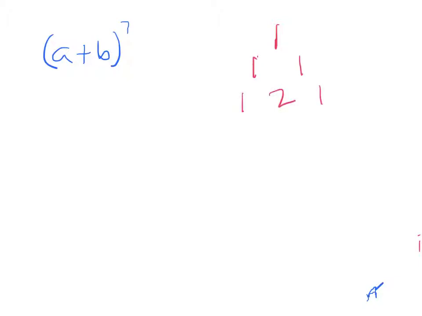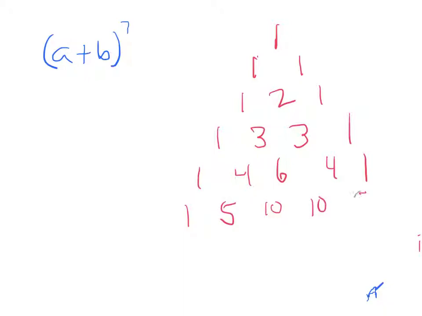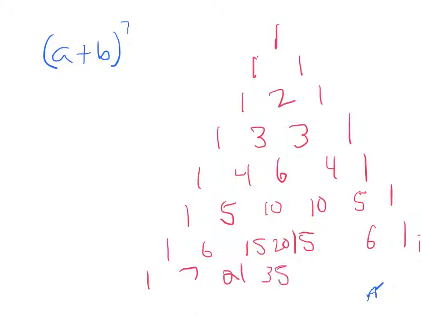Here's order 2, order 3, order 4, order 5, order 6, and finally order 7: 1, 7, 21, 35, 35, 21, 7, and 1. And those will be the coefficients of the whole binomial expansion.